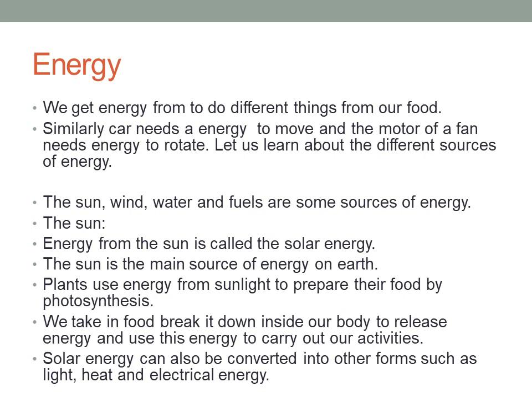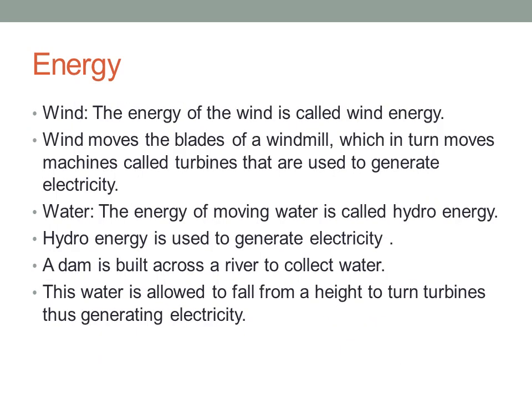Okay? So we take in food, break it down inside our body to release energy and use this energy to carry out our activities. Solar energy can be converted into other forms of energy. What are they? Light energy, heat energy and electrical energy.